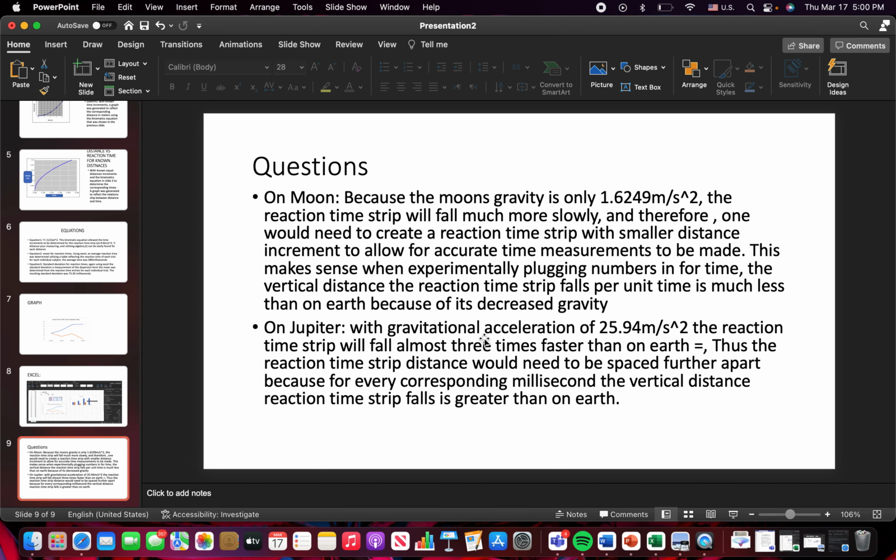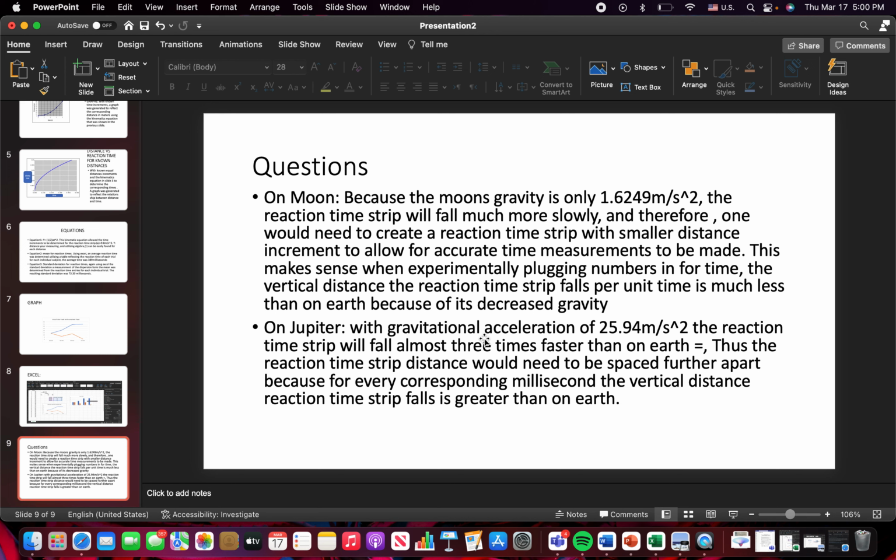So the question: the gravity on the Moon is known for being 1.6249. The reaction strip will basically fall way slower, and therefore we would need to create a smaller strip with smaller distance increments to allow an accurate measurement to be made.